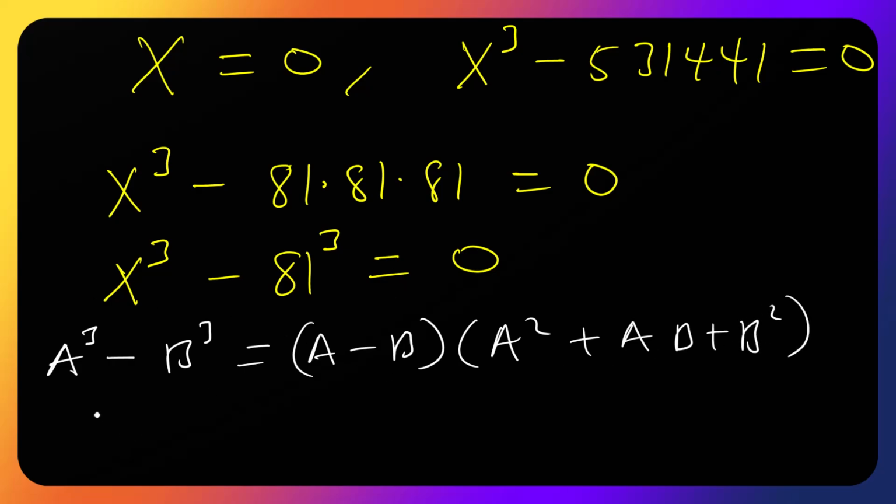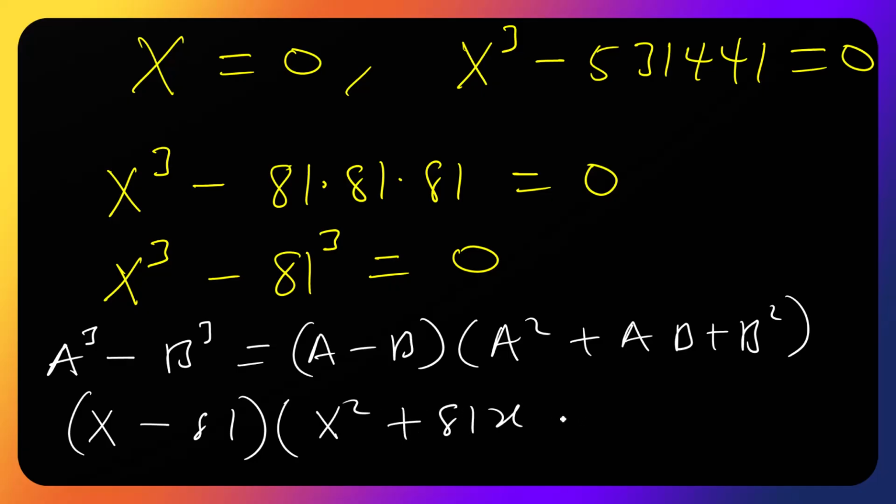So that will be x minus 81, and this side will be x squared plus 81x plus 81 squared equals 0.